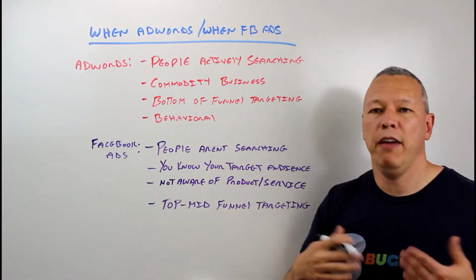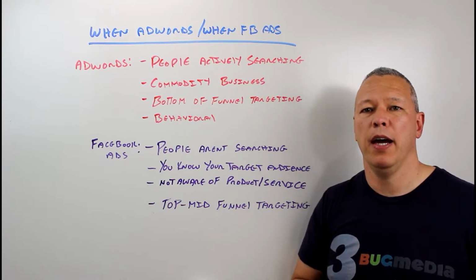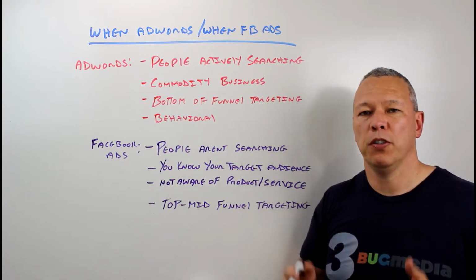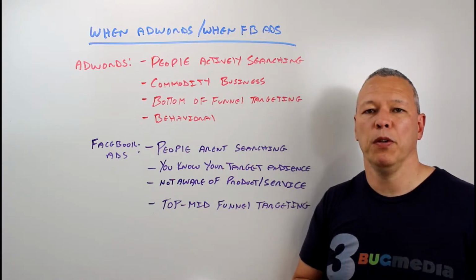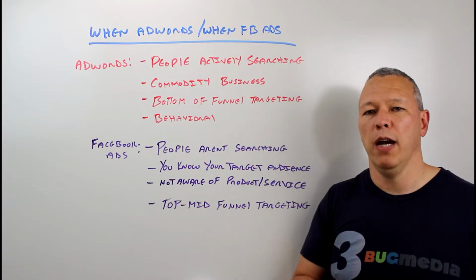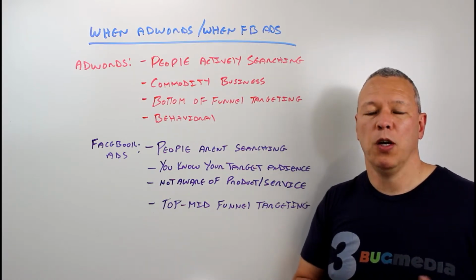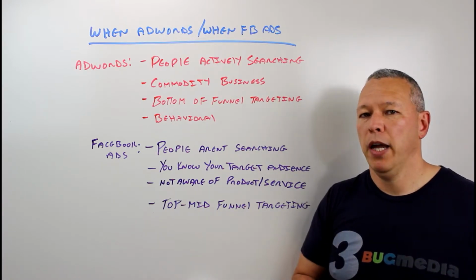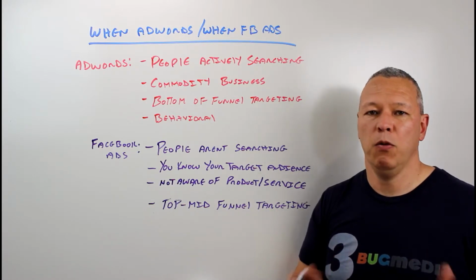And lastly, behavioral. When I say behavioral, I mean that AdWords doesn't care about who the person is searching, they only care about what they search for. To give you an example, take Amazon.com. If you go to Amazon and you type in that you're looking for a computer keyboard, Amazon will show you back computer keyboards. Amazon does not care if you're a man or a woman, where you're located, what your demographics look like, how much money you make.